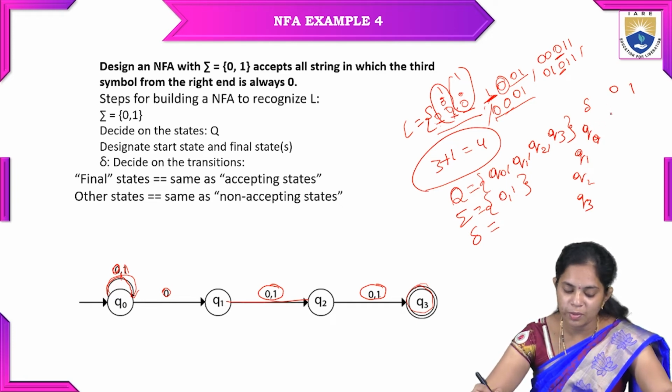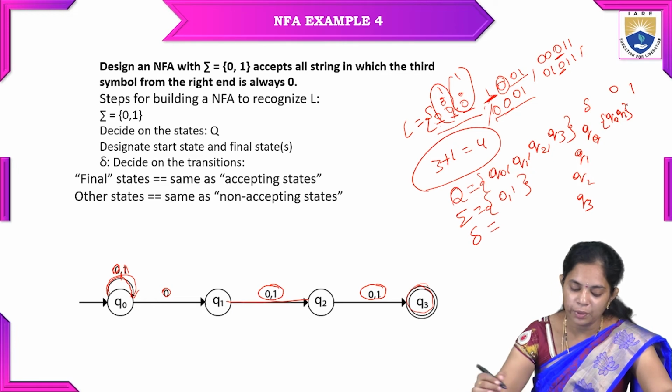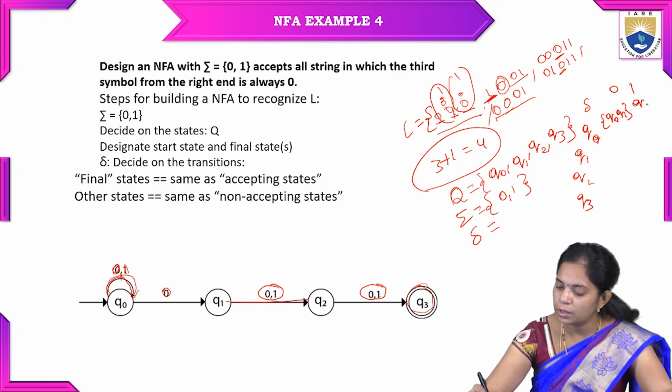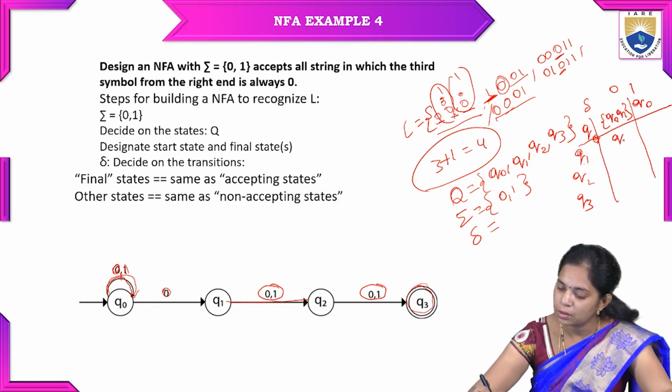For Q0, on input symbol 0, it reaches Q0 and Q1. And for input 1, it reaches only Q0. And for Q1, on input 0, it reaches Q2, and on input 1 also Q2, and from Q2 to Q3.